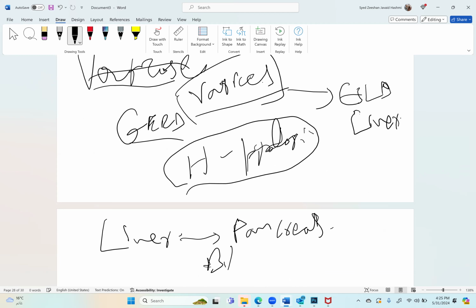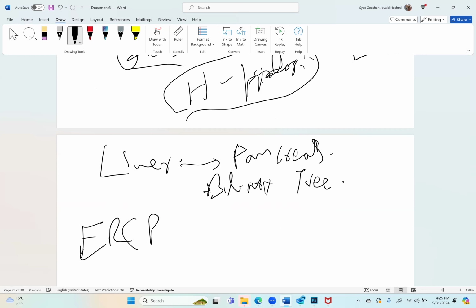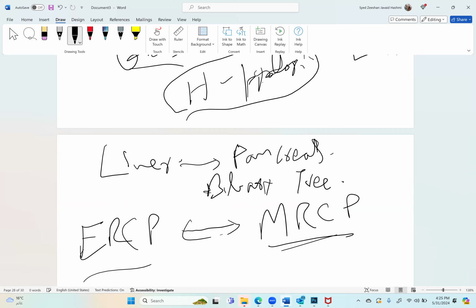So they will be doing ERCP, endoscopic retrograde cholangiopancreography. There is another similar procedure, MRCP, that is magnetic, not through a scope. They can combine it as well in some places. So MRCP, ERCP, you should know about these things.